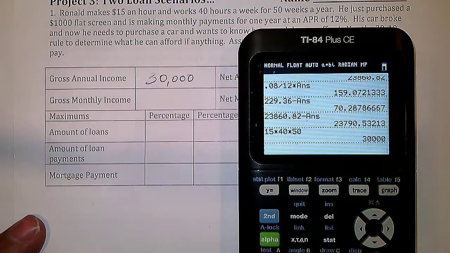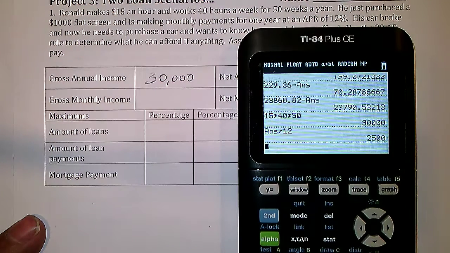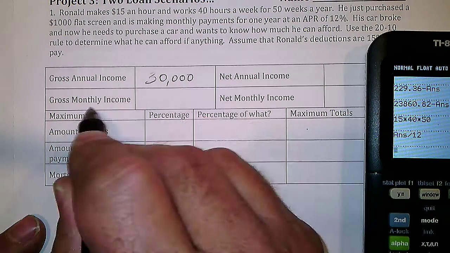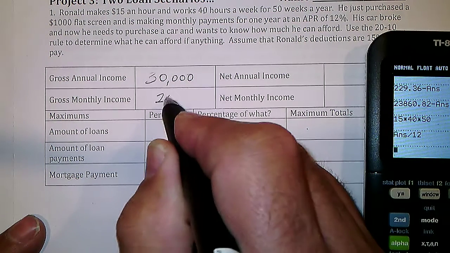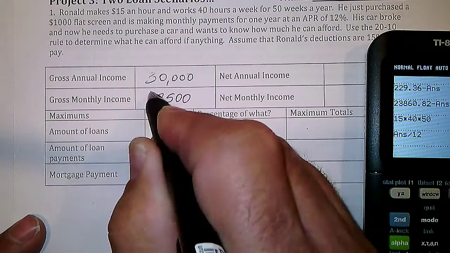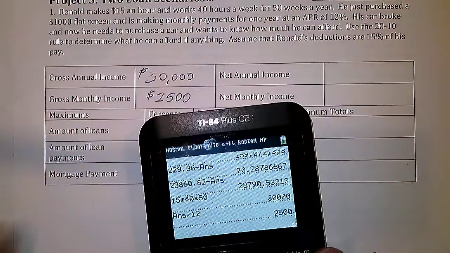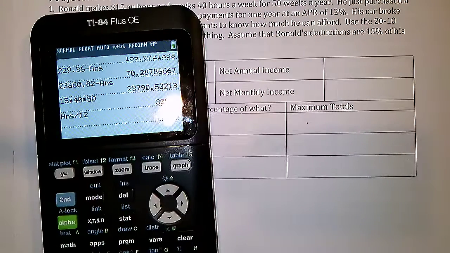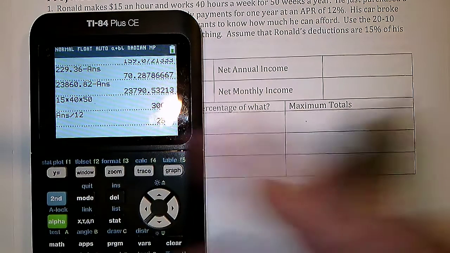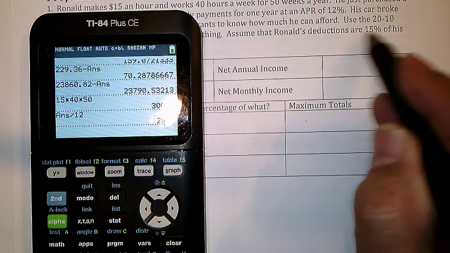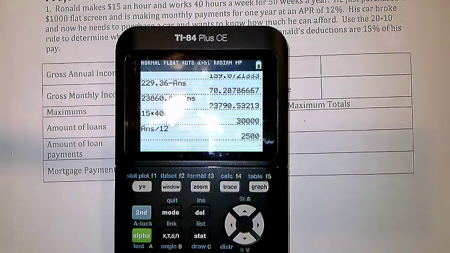And if we divide that by 12, that means his gross monthly is $2,500. What's his net annual income? Well, his deductions are 15%.